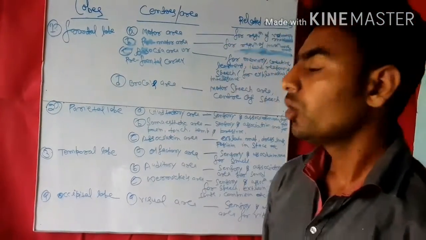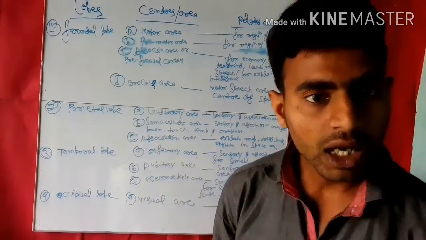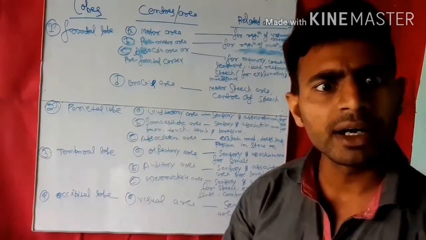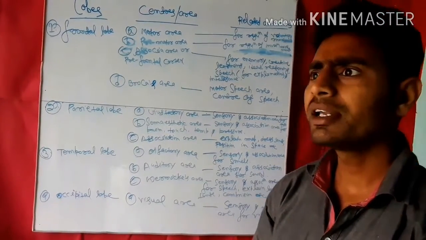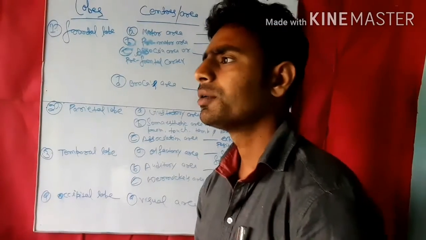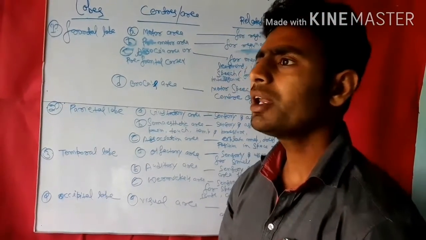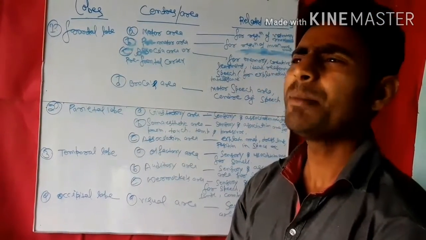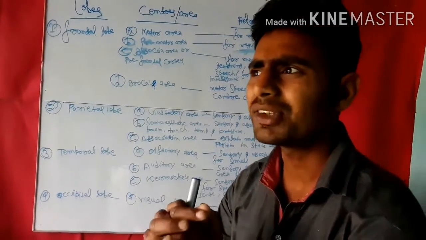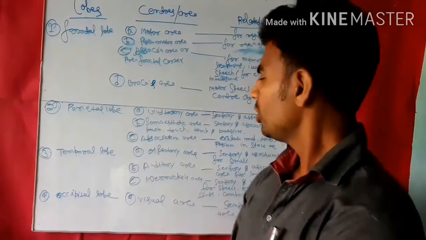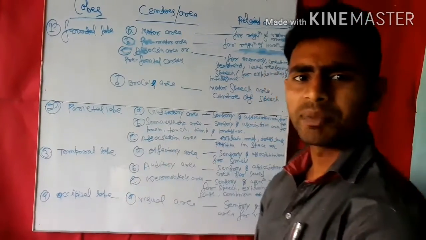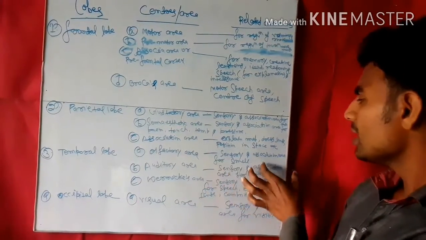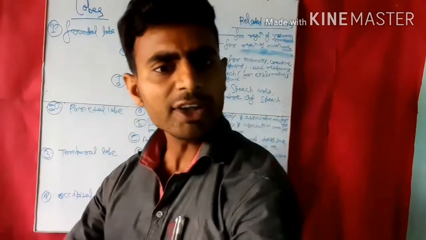First, that is the olfactory area. In the olfactory area, this means in the nasal chamber, the olfactory membrane is present, which has the cells of smell. This means the olfactory area is the sensory and association area for smell.